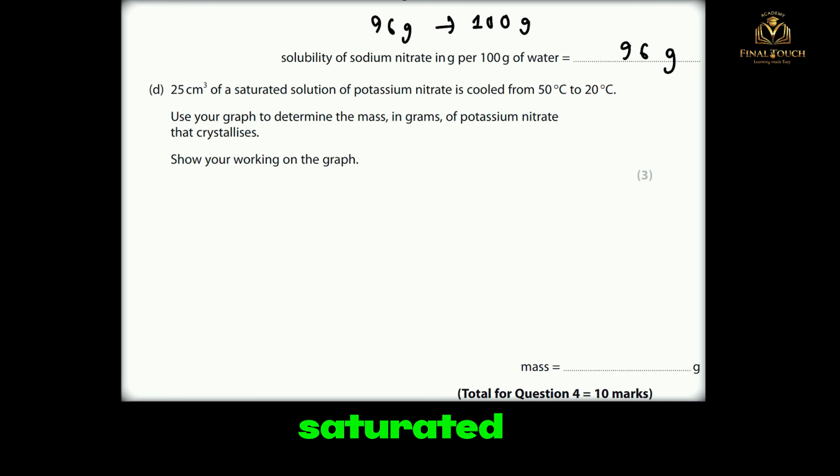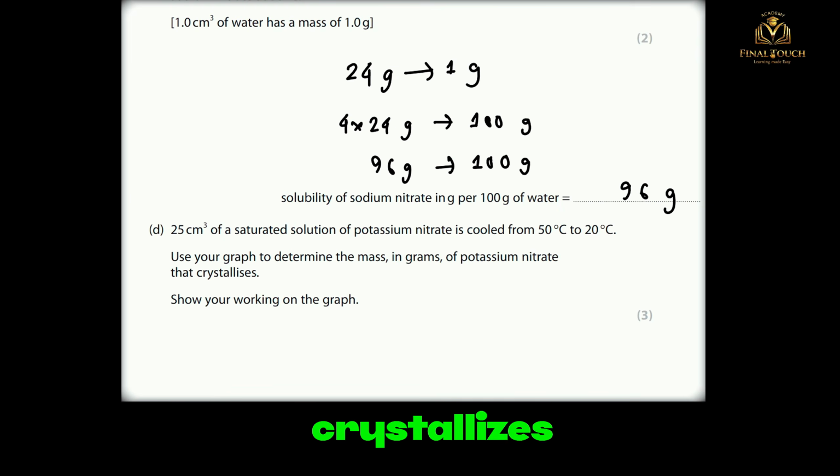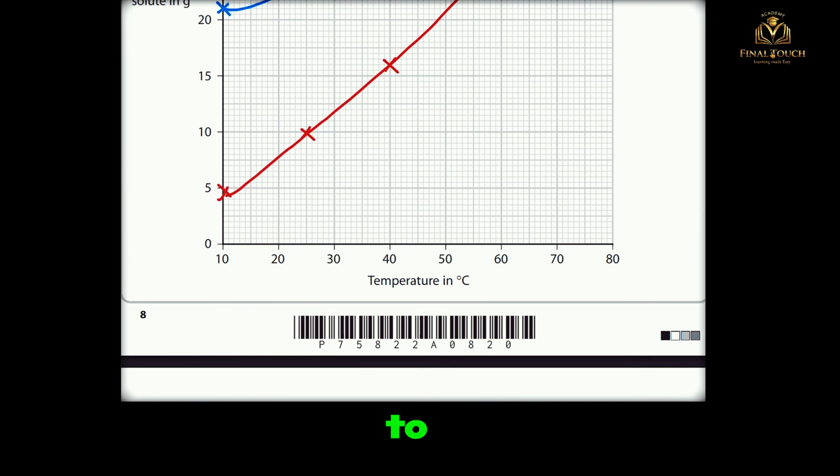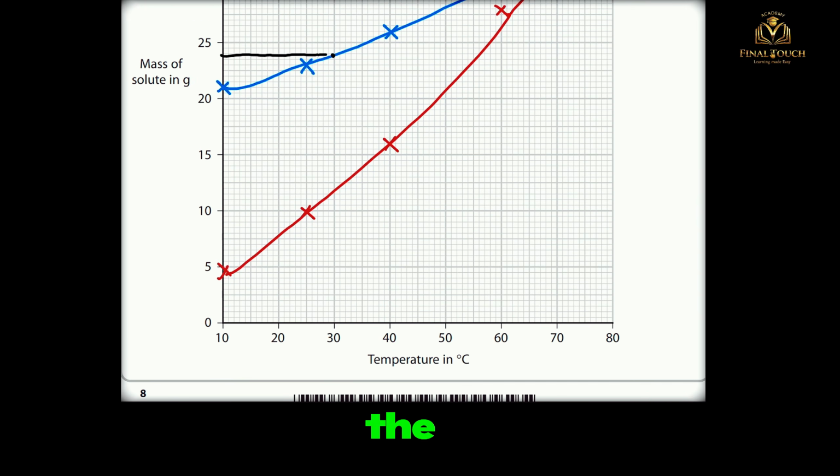Moving on to D. 25 cm cube of a saturated solution of potassium nitrate is cooled from 50 degrees Celsius to 20 degrees Celsius. Use your graph to determine the mass in grams of potassium nitrate that crystallizes. So we need to look at the mass we have at 50. So it's around probably 21, and at 20 it's at 6.